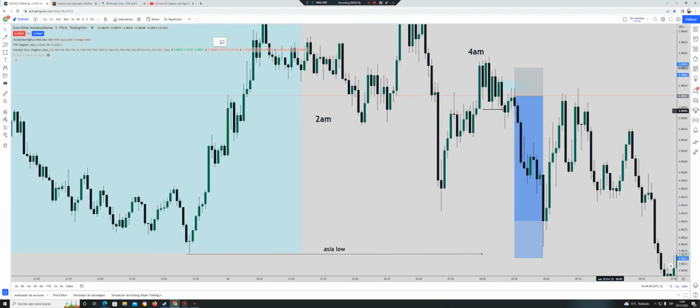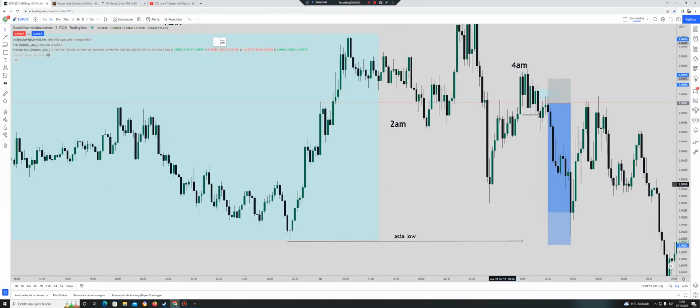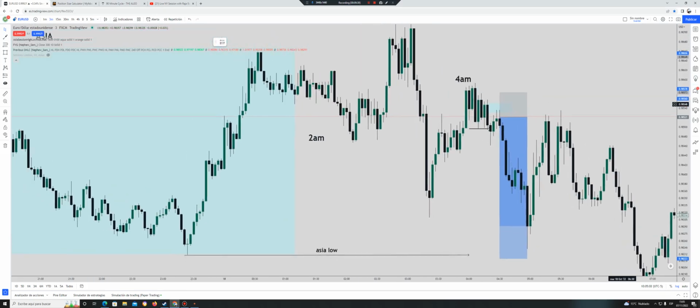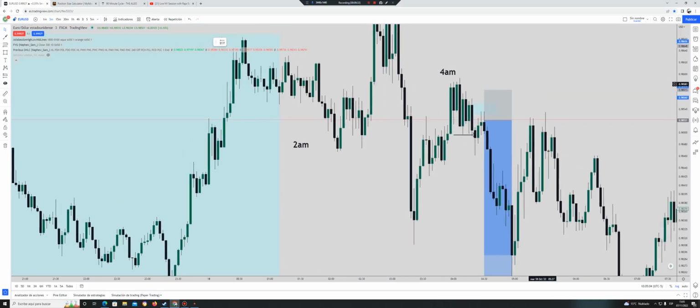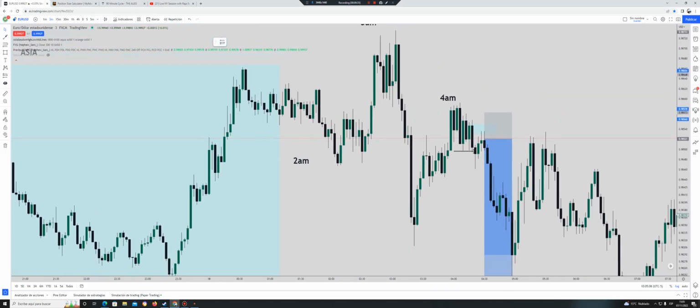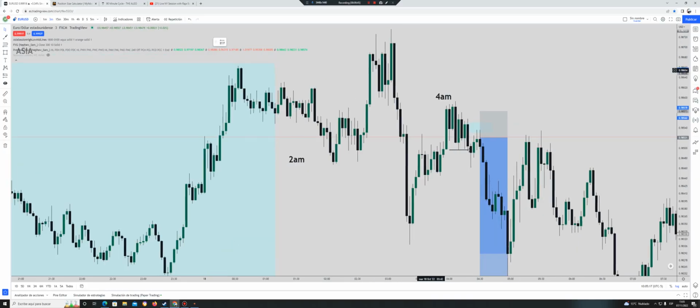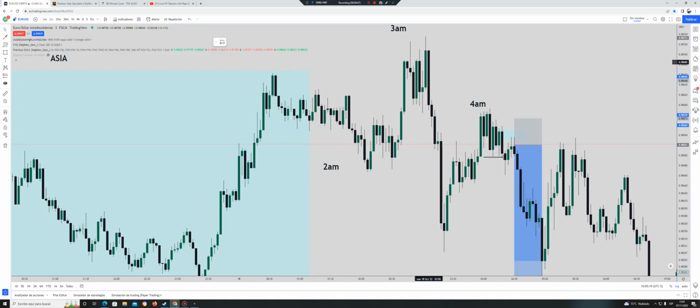So of course it wasn't perfect, but this is the Asia low. It was taken after, we can see there, it was taken after. But I just want to show you that, look how at 4 a.m., after price took those highs between 2 to 3, the CLS made the delivery.